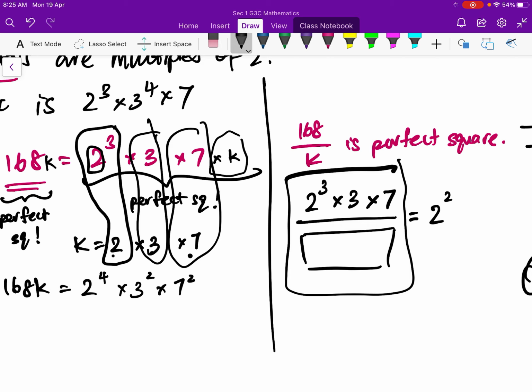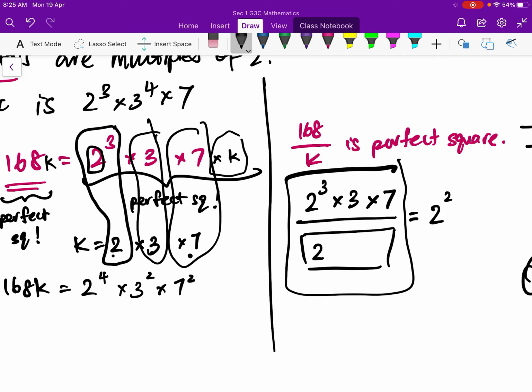The power has to go down because we are dividing by a number. You cannot increase the power to become 4. It has to go down to power 2. Which tells me that in my denominator there must be a 2. Just one 2. So that 2 power 3 divided by 2 gives you 2 power 2.